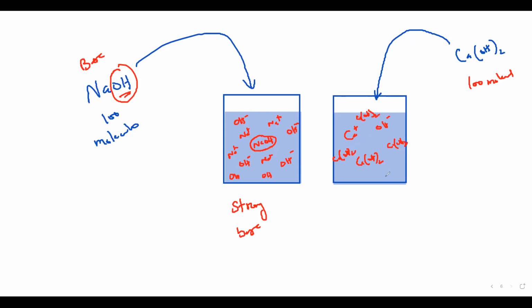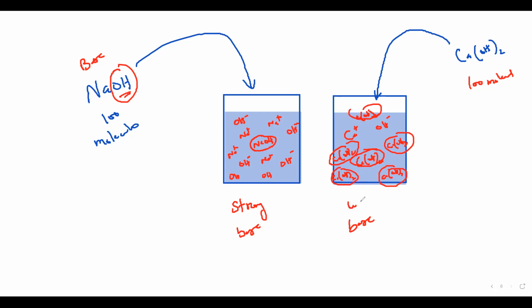What can we say now? Is it strong? Because OH or hydroxide is there, we call that a base. But is it strong or weak? How to identify? You can see most of them are molecules and very few ions are there.